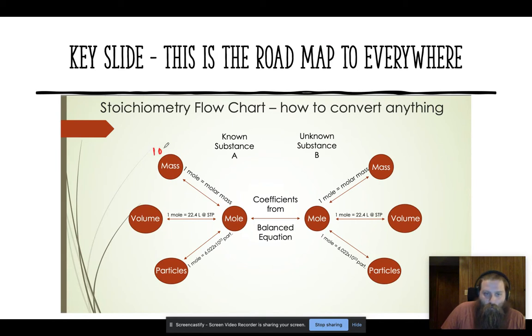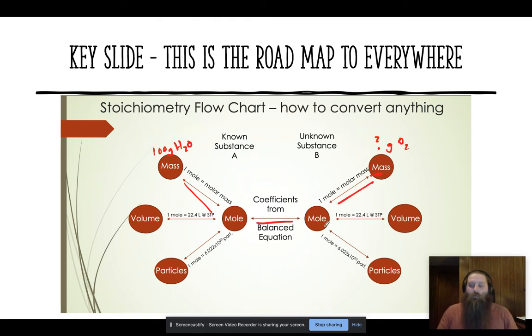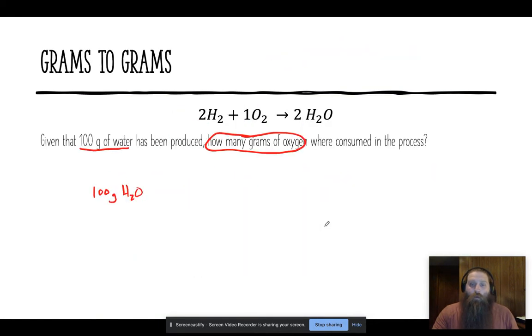We have 100 grams of water. That's where we're starting. And we want to know how many grams of oxygen, right? Mass. So I'm going to go 1, 2, 3 brackets. So before I even start, because I know this roadmap, I know I need 3 brackets to do this. Keeps me from getting stumped.